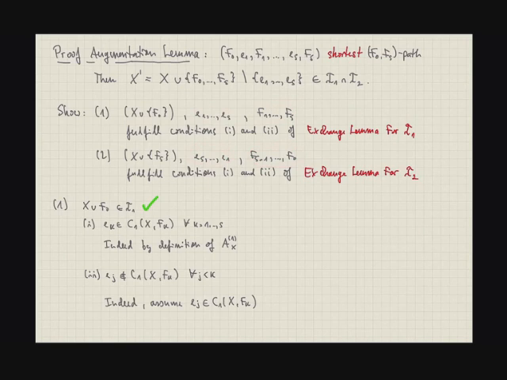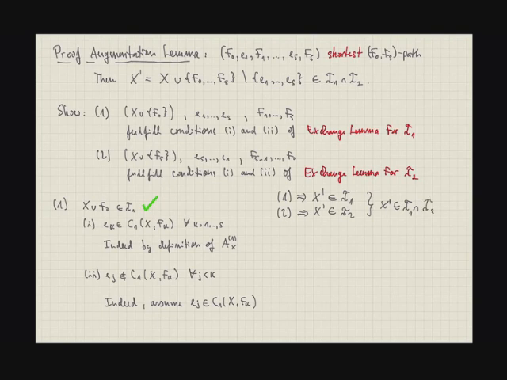Namely, 1 gives me, by use of the exchange lemma, that the set X prime is actually independent with respect to the first matroid, and 2 will give me that the set X prime is independent with respect to the second matroid. So X prime is in the intersection of these two matroids.